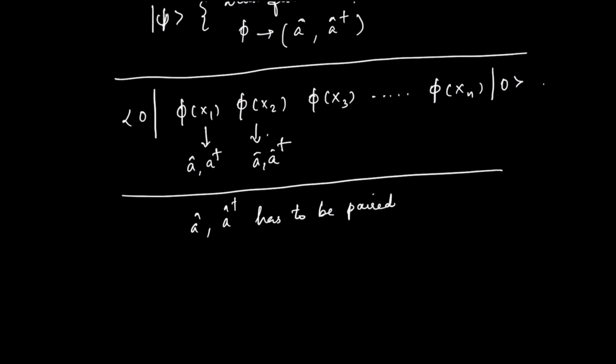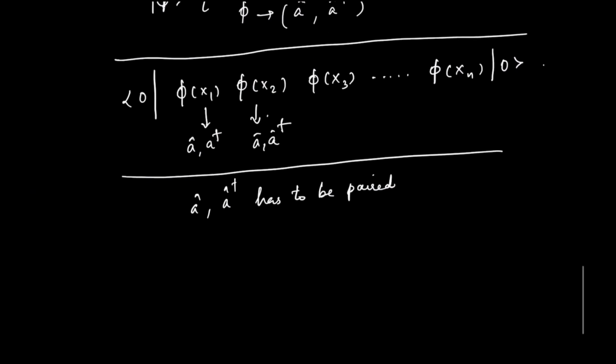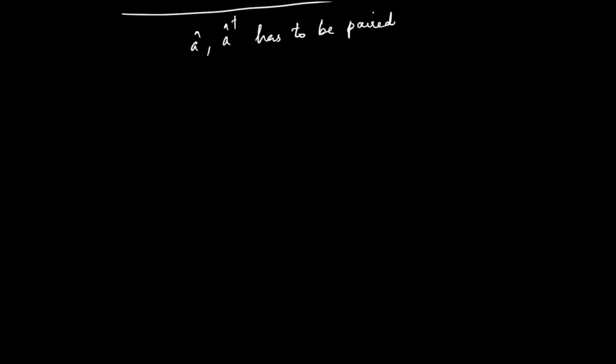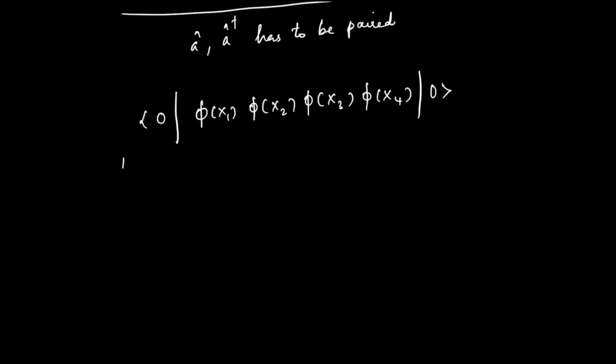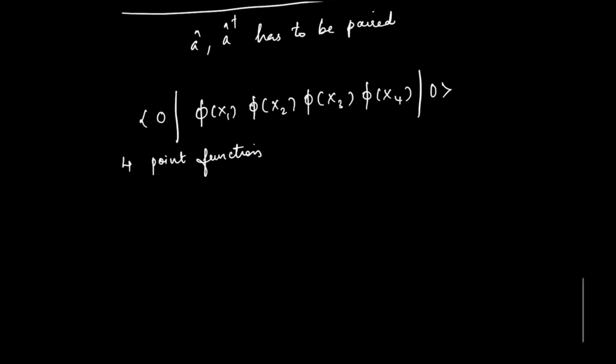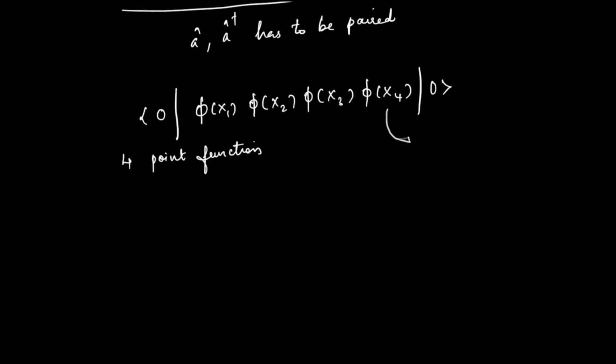For example, let's take the simplest case. I'll use a 4-point function, which means phi of x1, phi of x2, phi of x3, phi of x4. So this is a 4-point correlation function. Here I'll try to convince you that when a dagger from this phi of x4 acts on the vacuum, it excites the state, and it can be annihilated.